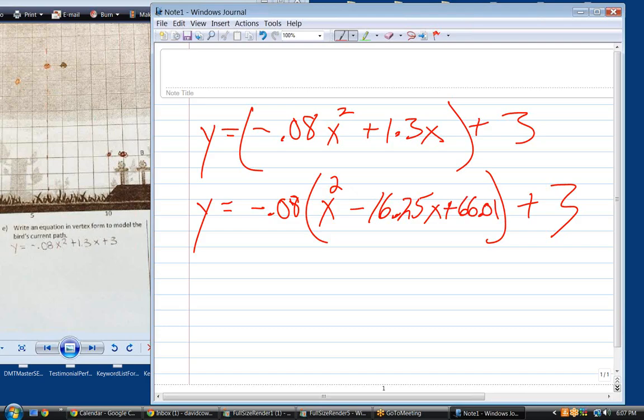Now, what did I just do to the right side of the equation when I wrote in 66.01? How much did I change the right side by? 36? No, 63. This times that. What is that?